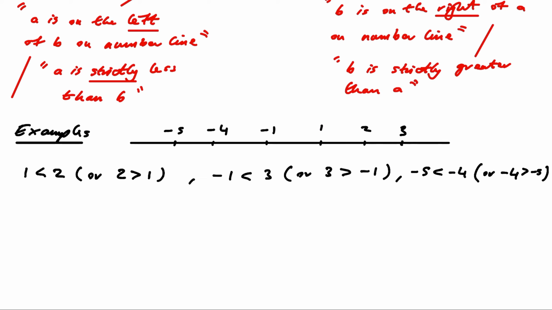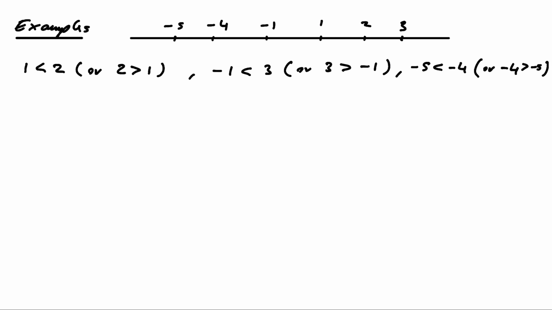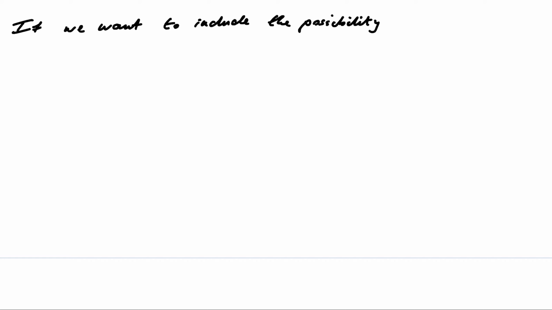Okay, so a few things to be said beyond this. We can beef the notation up a little bit to include the potential for equality. So if we want to include the possibility that A is equal to B, then we use the same notation.